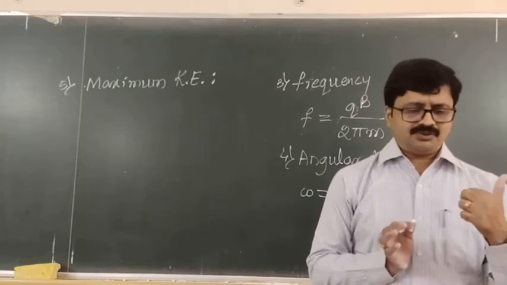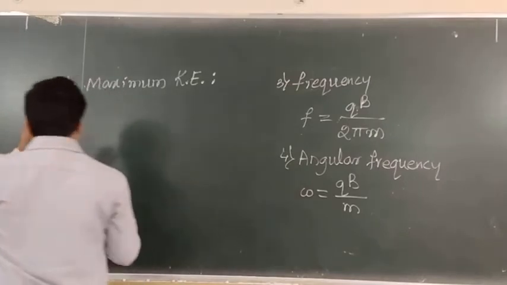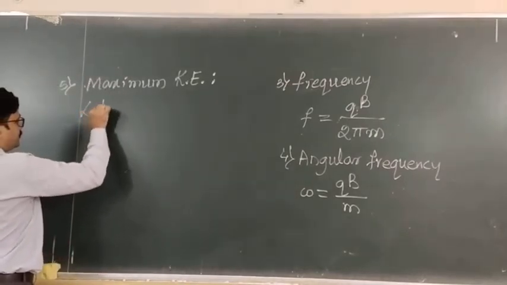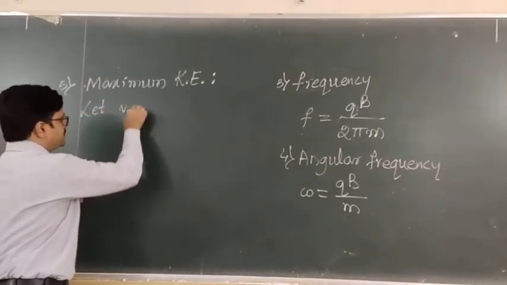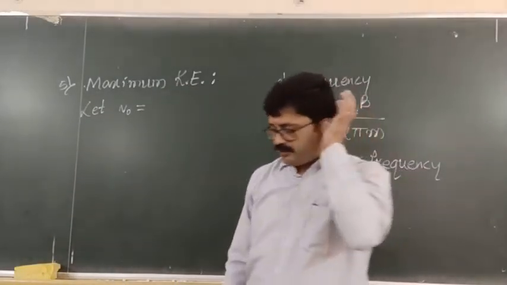velocity. So in order to find v, we will say let v naught be equal to the maximum speed of the particle.